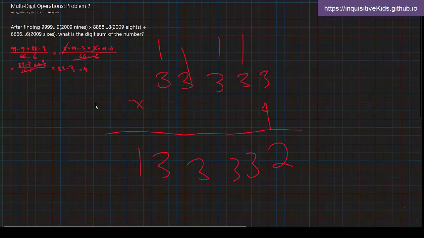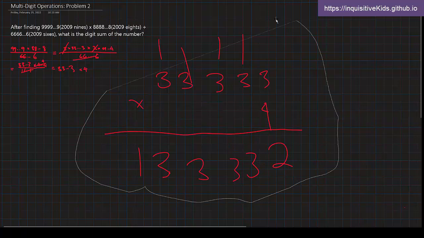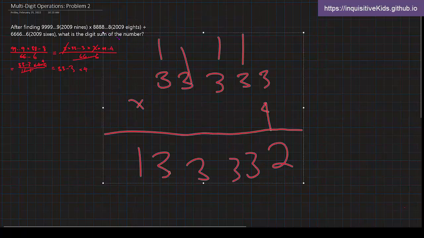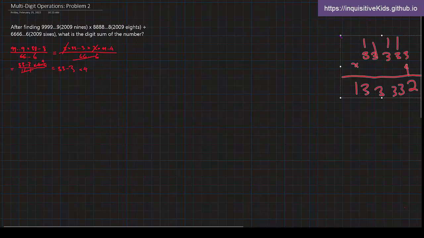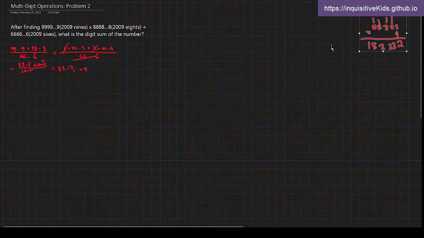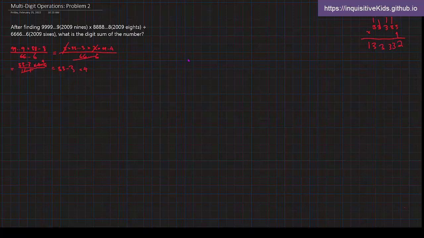So if I was going to have 2009 threes, I would get, in my answer multiplied with 4, 1, 3, 3, a bunch of threes in the middle, and ends with 2.